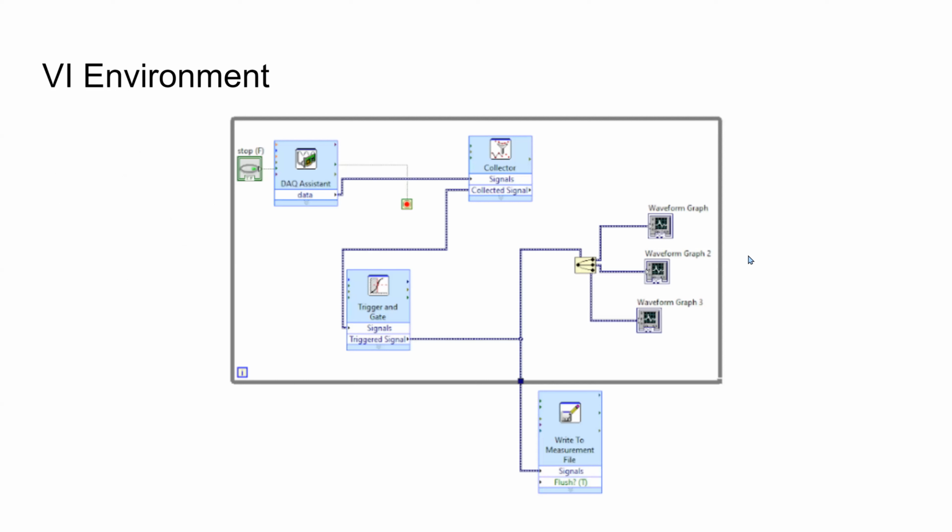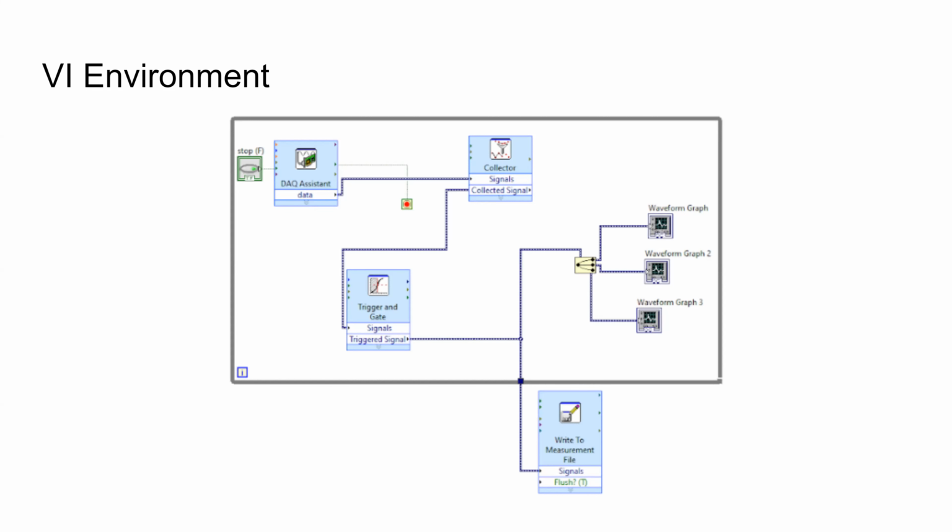So here's the setup of our LabVIEW screen. We have three sets of data coming in: the acceleration, the rotary sensor, and the photodiode sensor.